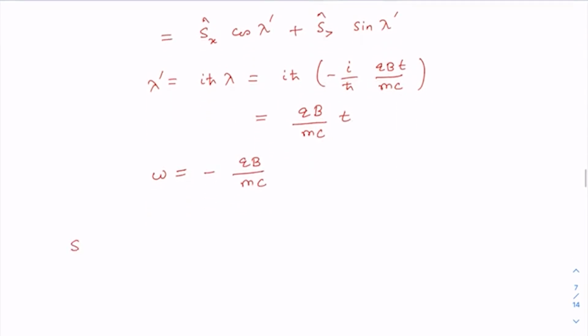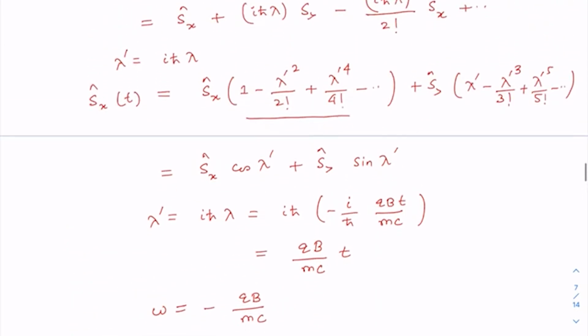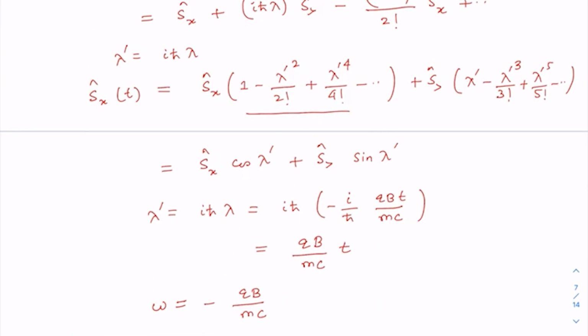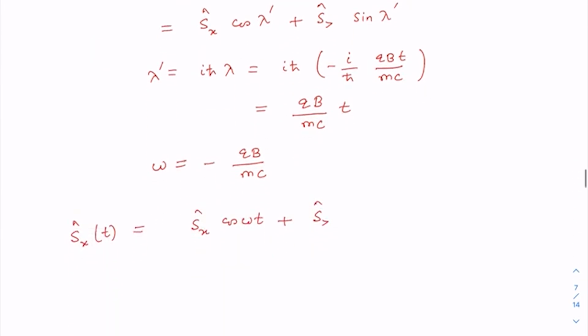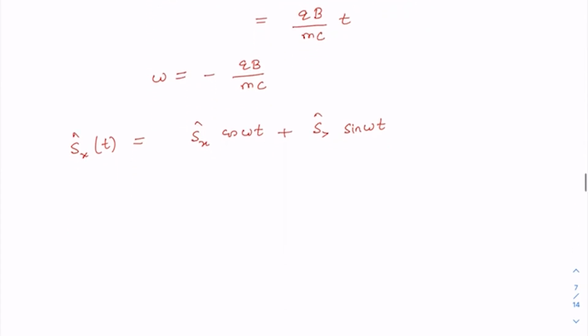we can write Sx(t) is equal to Sx cos ωt plus Sy sin ωt. So this is what we are going to have. Hopefully I'm doing it correctly. Please verify it yourself.